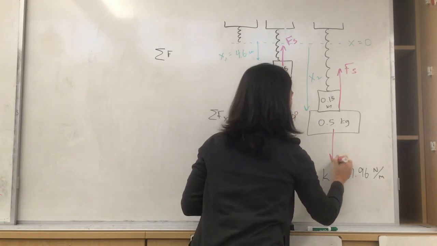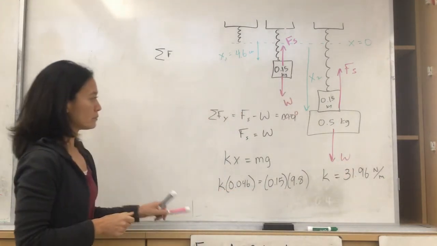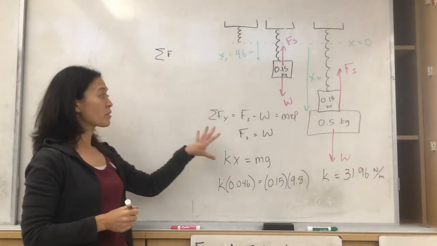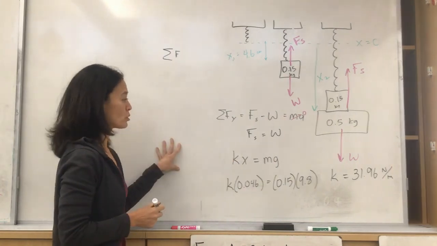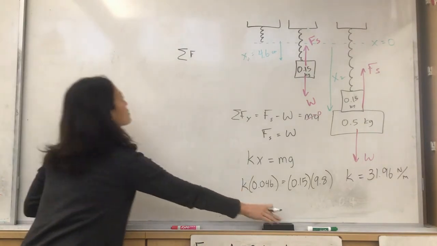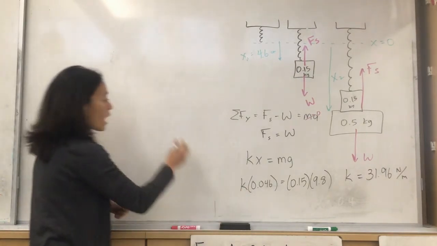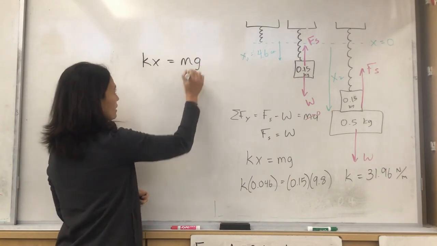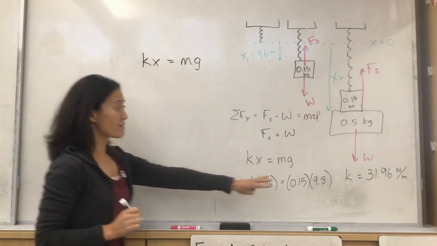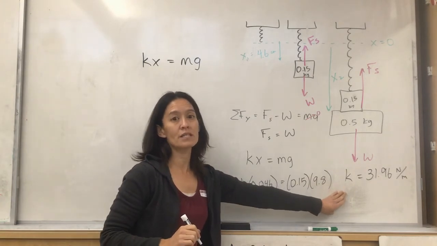I have a weight going down. So in terms of my mathematical model, this relationship is still true. I'm still going to have kx equal to mg. But now I know my k value, because spring constant, it's a constant.